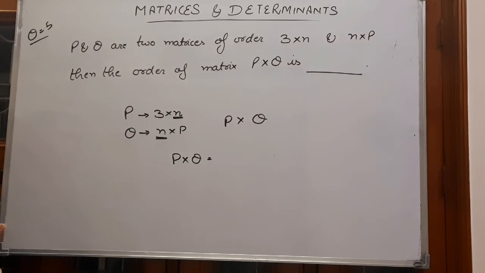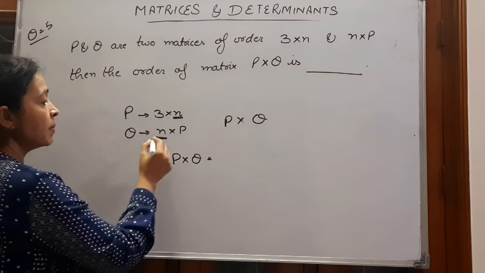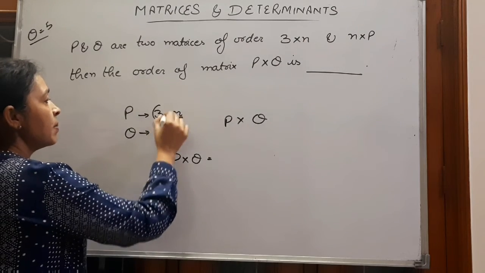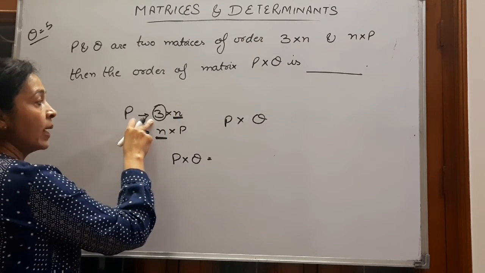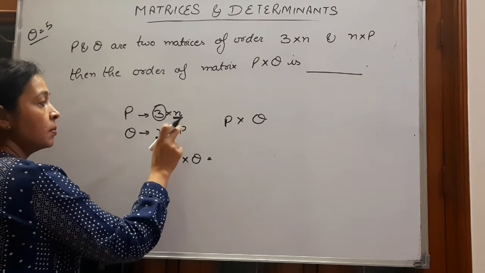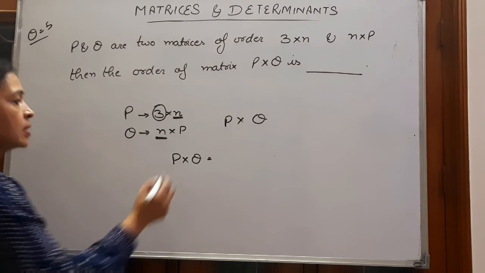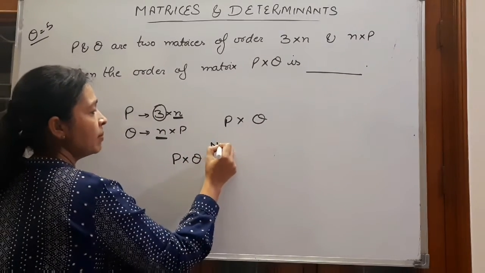In this case, P into Q is defined. Now, what about the number of elements? The number of elements will be the row of the first one into the column of the second matrix.